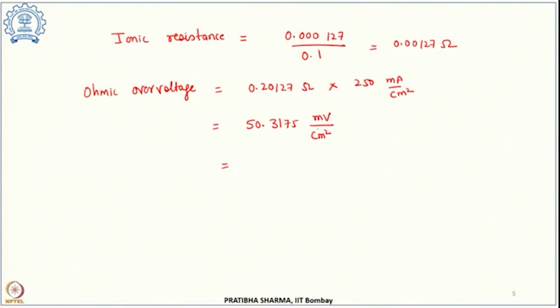So given that the area is 1 centimeter square, this value comes out to be 0.05 volt of the ohmic overvoltage.